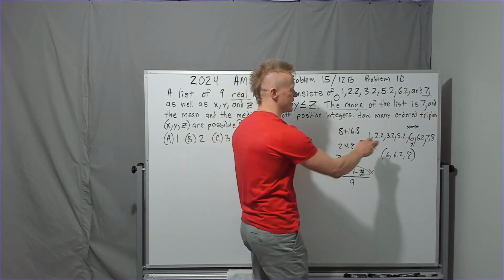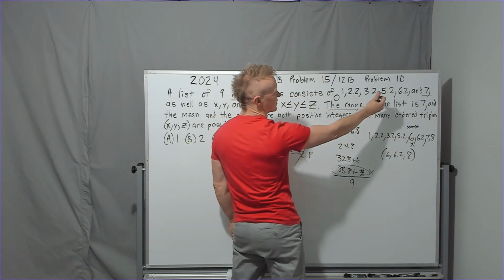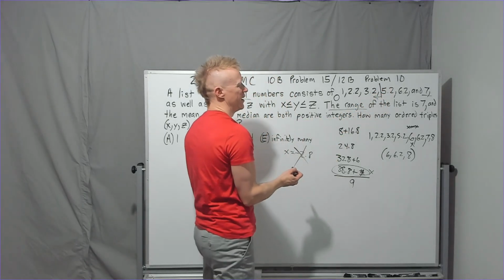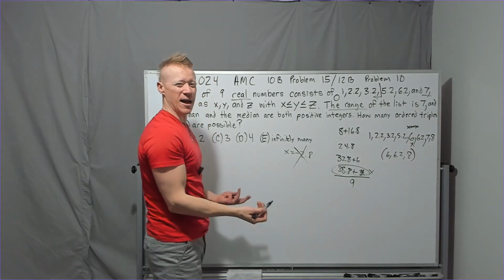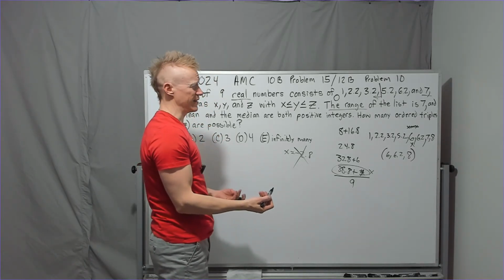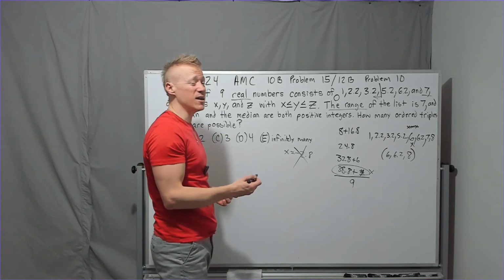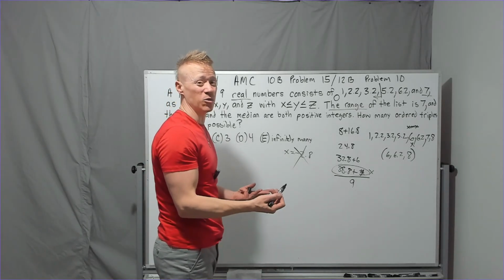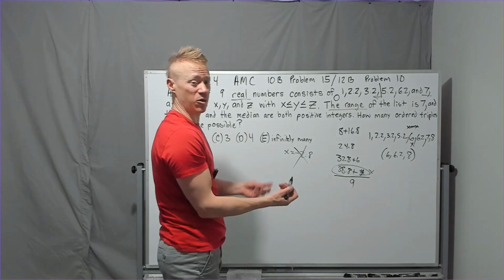So what if now instead we moved x and y over to this side of that line, then y would now become the median, and x would be something less than or equal to y. So could we make y equal to 5? That's the next question we're going to ask.